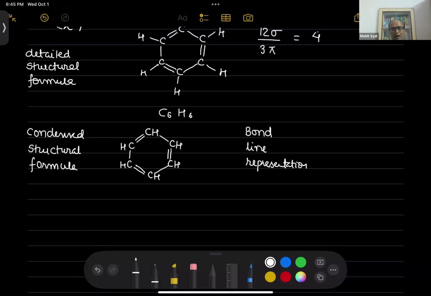Wherever two lines intersect, that is a carbon atom, so the symbol C is not written. Clear? Hydrogen atoms are not shown. So the bond line representation of benzene is going to be like this. Clear?